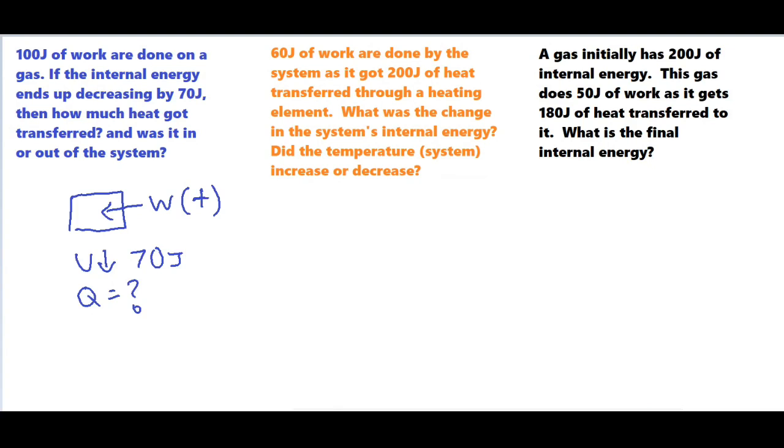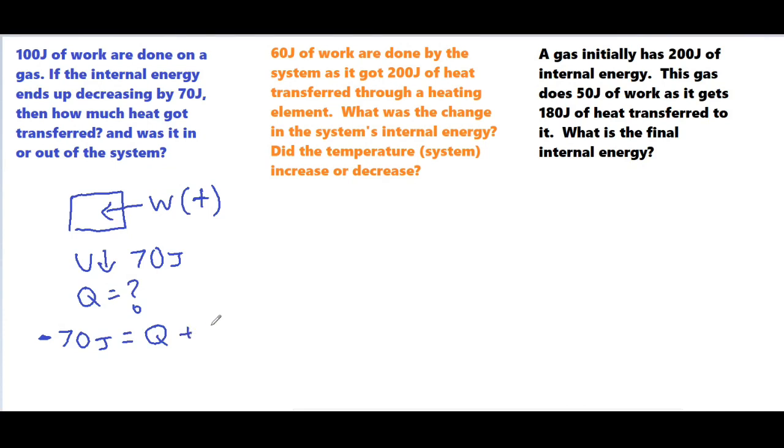So we have our delta U is going to be negative 70 joules because it has a decrease of internal energy, and that equals Q, which is our unknown. And then we said that the work value is done on a gas and not by the gas.